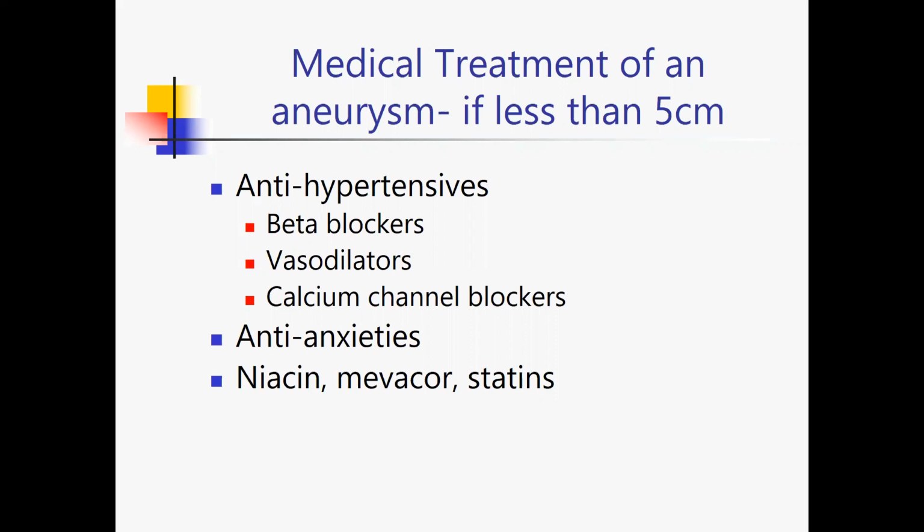So we're going to talk about the beta blockers. Types of beta blockers that you will see used with these folks that need to be put on an antihypertensive are atenolol, metoprolol, and carvedilol. These are just a few, doesn't mean it's just those 3. Any beta blocker will do, but you will sometimes see the ones that I just mentioned.